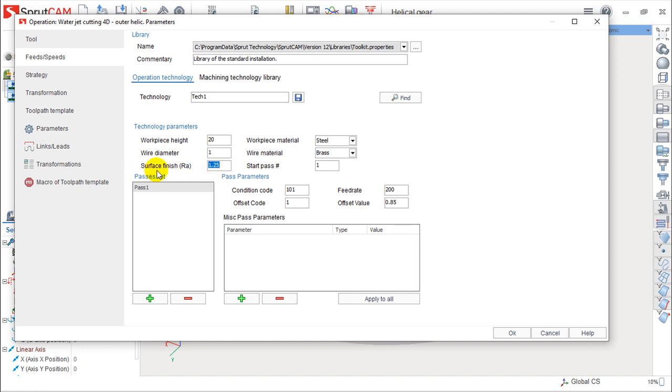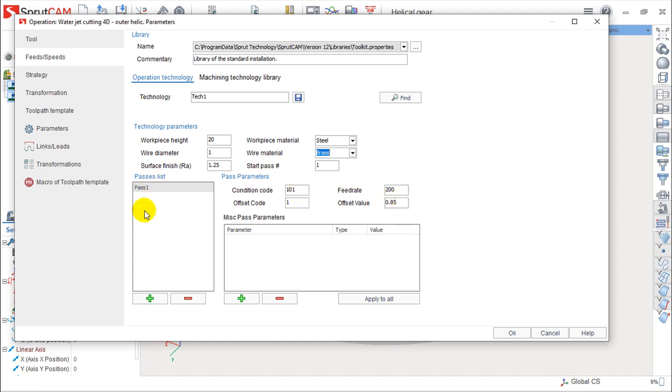Interesting parameter also regarding the surface finish, because when we are doing wire cut, the control we have for the technology parameters on the machine can be set, and it is different because there are specific cycles inside, which is the workpiece material, the wire material, also due to some specific conditions, passes, and then feed rates, offset values, and so on.